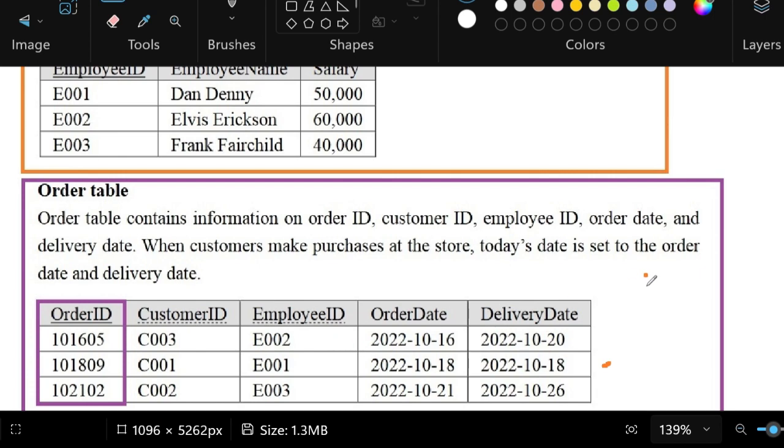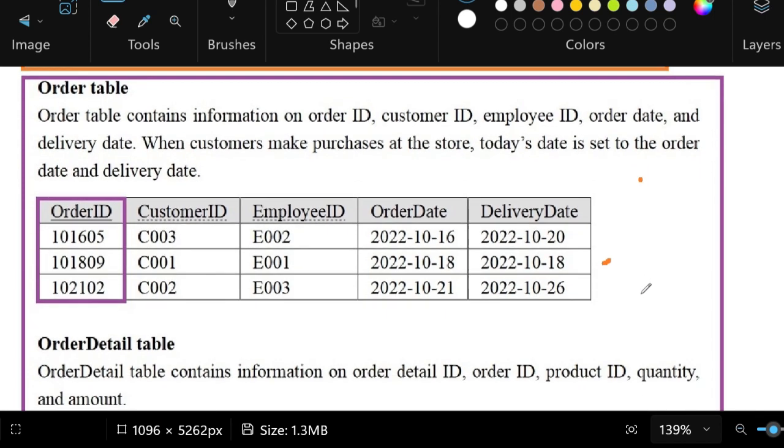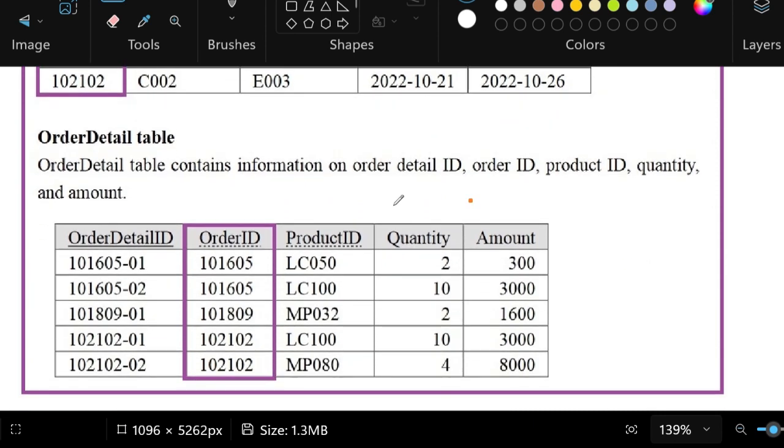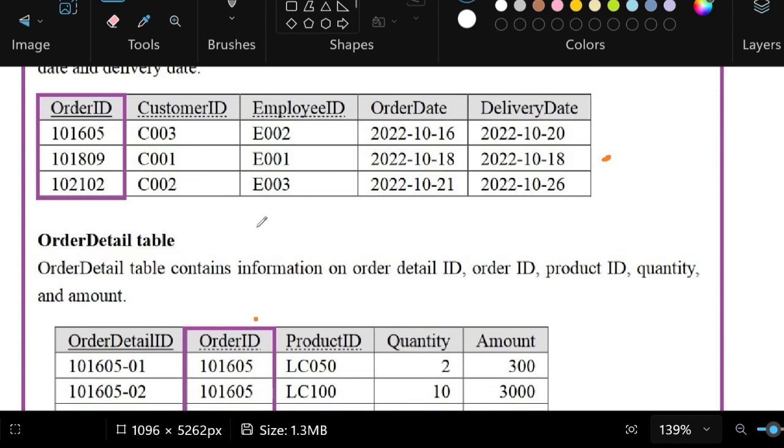Okay, so from the order table we can look at the order detail table to know the item, the product, and the amount. The order ID here is the foreign key, and we connect that with the order ID, which is the primary key of the order table.